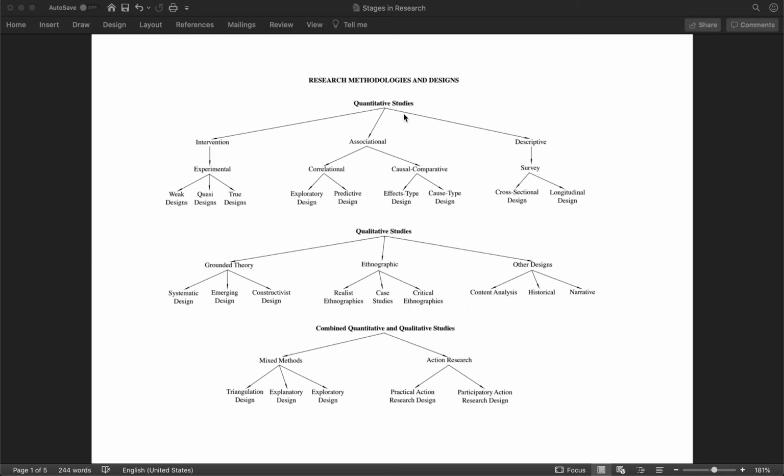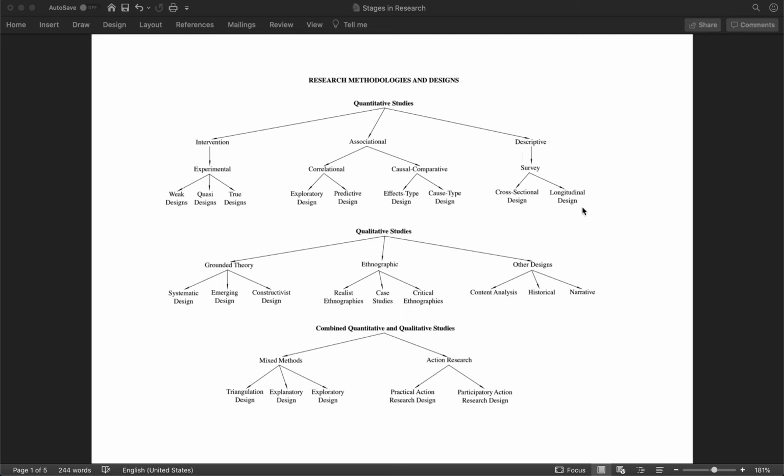So let's start off with quantitative studies. Really what we're looking at is intervention, associational, or descriptive quantitative studies. We'll start off with descriptive right here on the right-hand side. Descriptive is basically a survey type where you get basic data information within a certain amount of time.